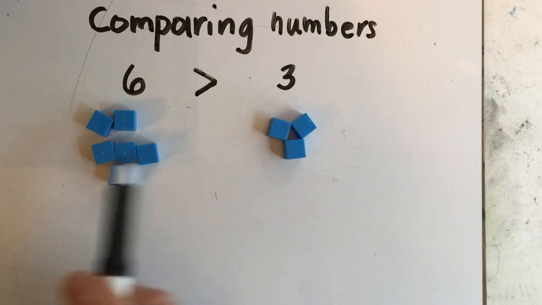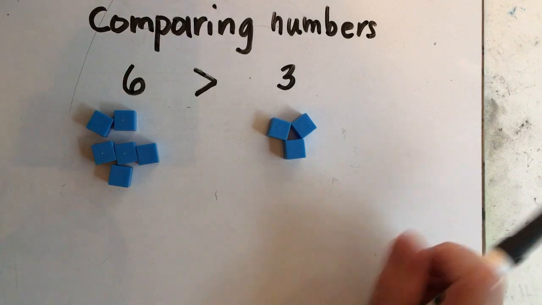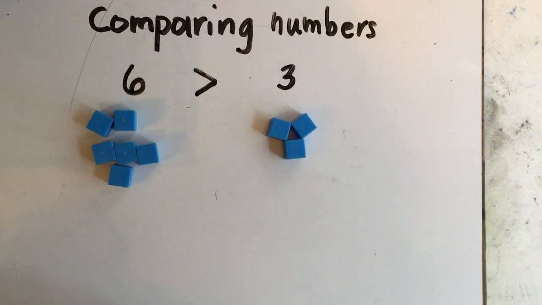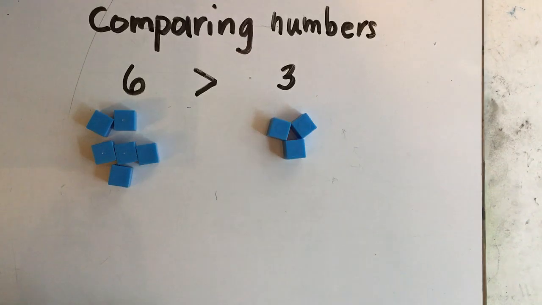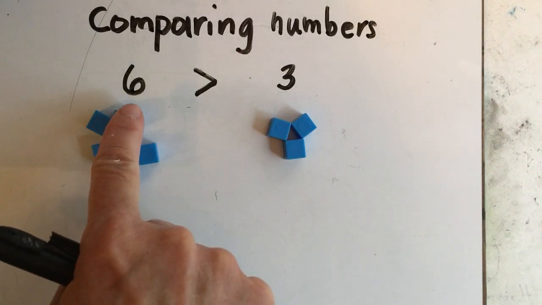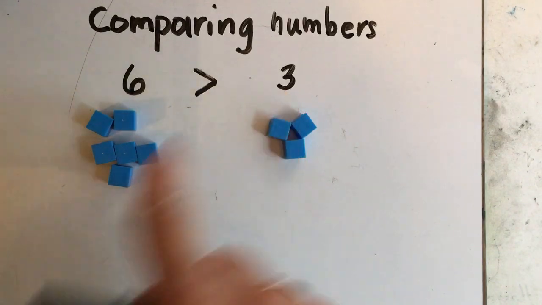And when we read math sentences, we read them the same way we read reading sentences, right? We start on the left and we read across. You know that from when we're reading addition and subtraction sentences. We always start over on the left and read left to right. So I'm going to read this starting with the number 6, and I'm going to say 6 is greater than 3.